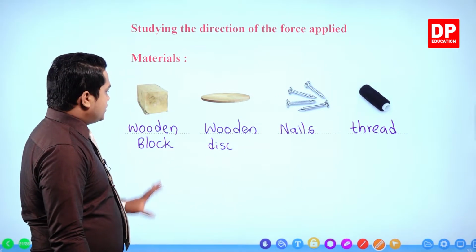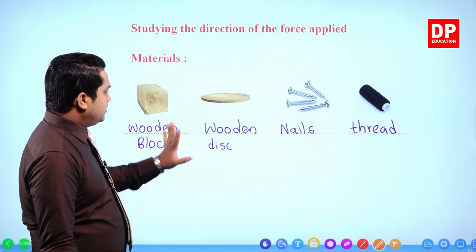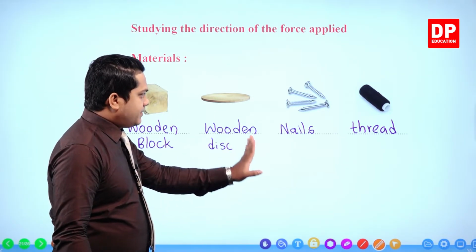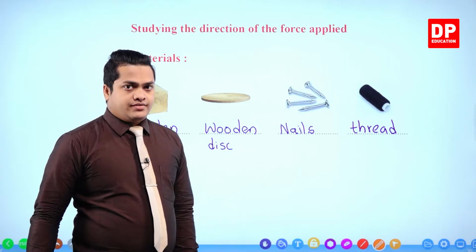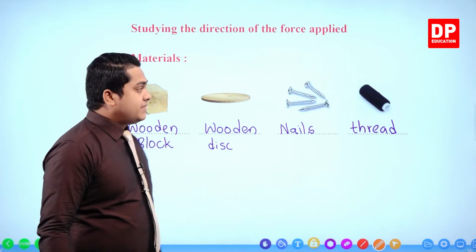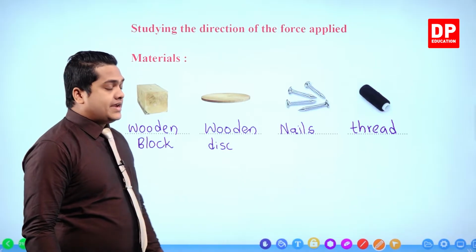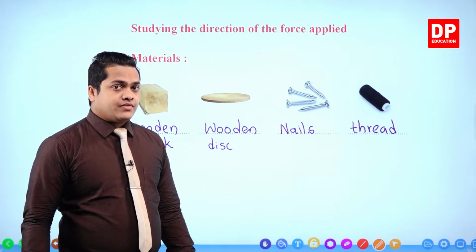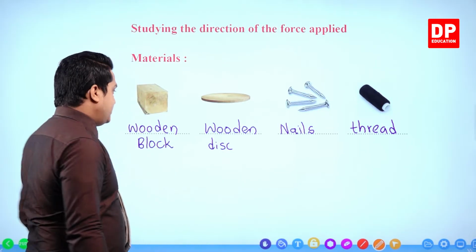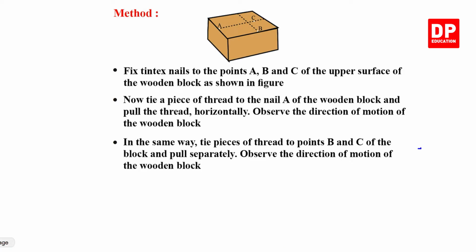So we'll be needing a wooden block, a wooden disc, some nails and thread. These are the materials that you need in studying the direction of the force in this case. Okay, so let's see what the method is.